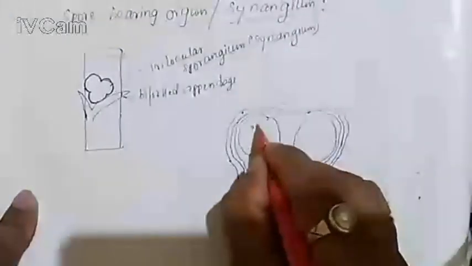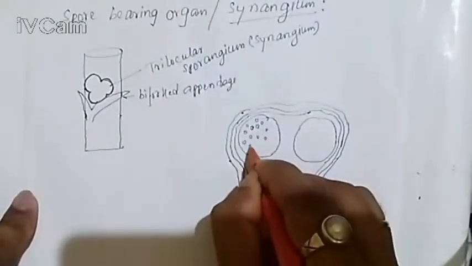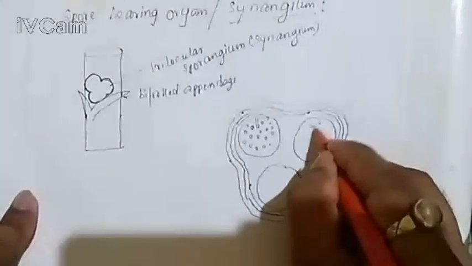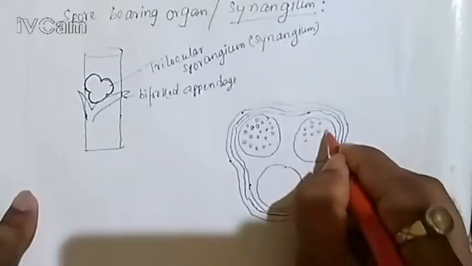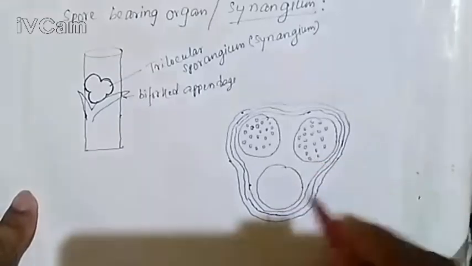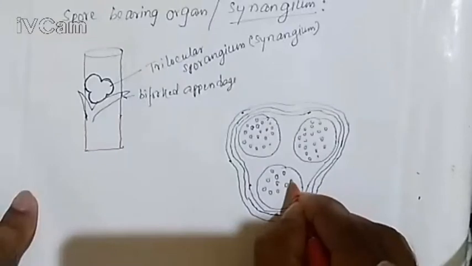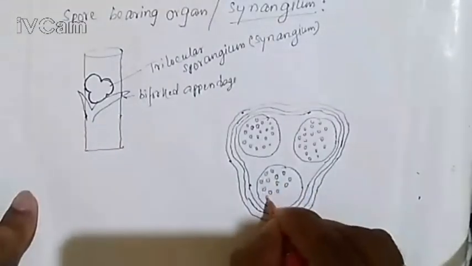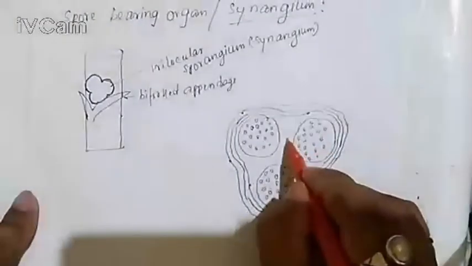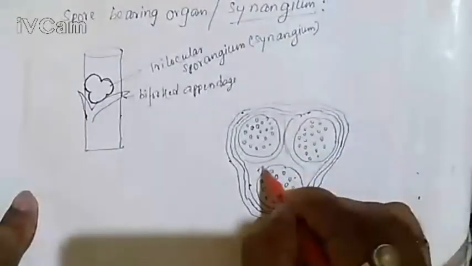And numerous spores are produced which are the same size and shape. Numerous haploid spores are produced within each sporangium. So this is the final structure of the synangium.